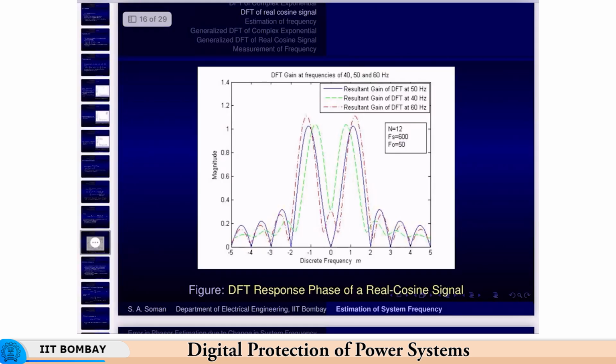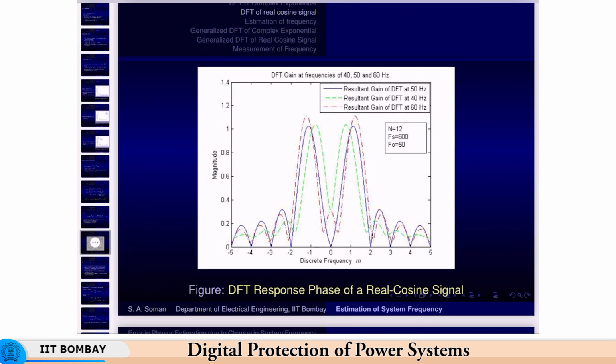Here you can see for a real cosine signal, of course what we have done is we have taken the frequency variation to be quite large. That is, from 50 hertz it goes to 40 hertz and 60 hertz. Then you can see that the change in magnitude is quite significant as the frequency deviation is large.